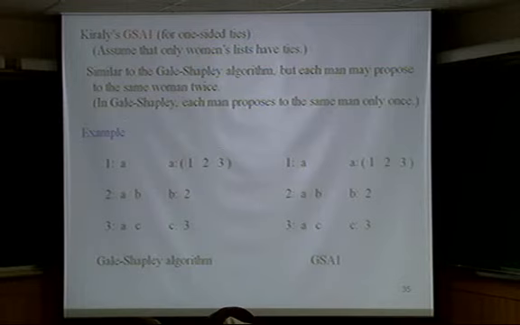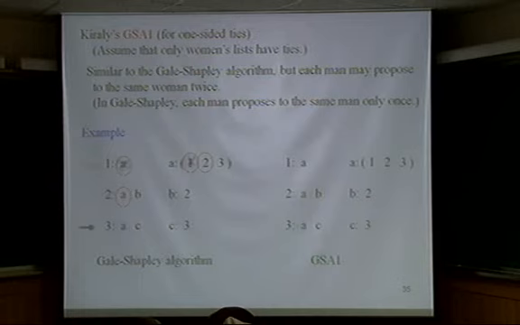This is an execution of the Gale-Shapley algorithm on this instance. Suppose 2 goes to A. A receives a proposal. Next, 1 goes to A. But for A, this is not an improvement, so A rejects 1.